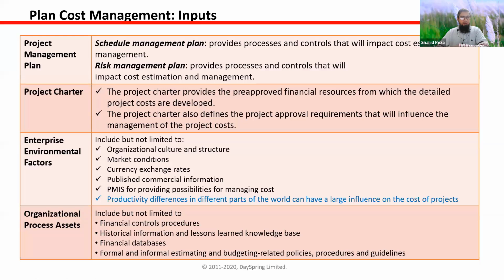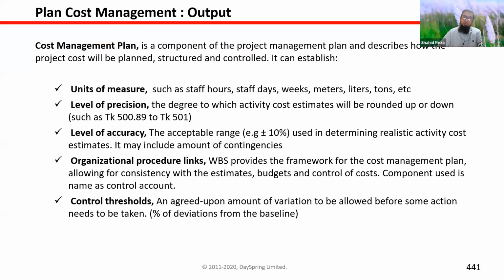Okay, so let's see what is the output of cost management planning. The output is the cost management plan, and what will be the content of the cost management plan? Unit of measures. That means what will be the currency and the resources we will be using in the project.